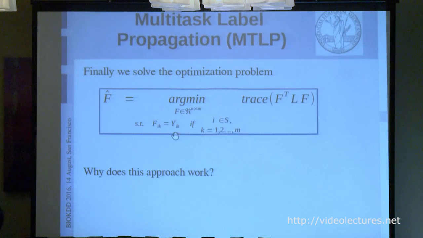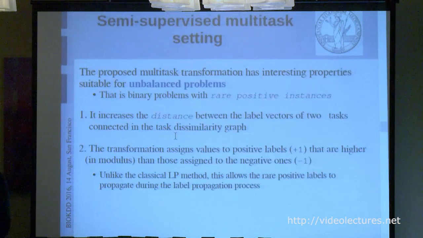And then we compute this kind of solution, the argument which minimizes this objective function, and surprisingly this approach works. It's so simple, but we try to understand why we have this kind of result. And the reasons are essentially two.